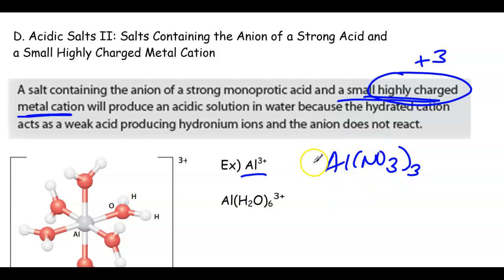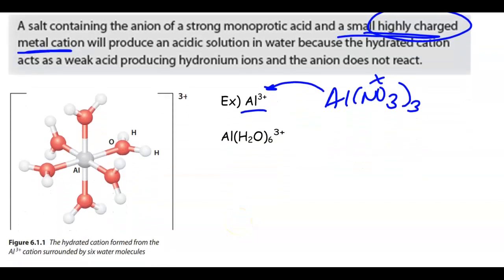So when this breaks up into aluminum ions, the nitrate we know would have no impact, the aluminum creates a hydrated cation. So aluminum will not just stay by itself. It forms a structure with 6 other water molecules to create this aluminum water complex. And this in itself will essentially behave as a weak acid.